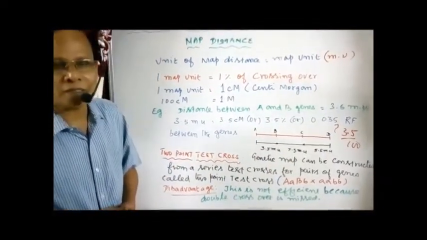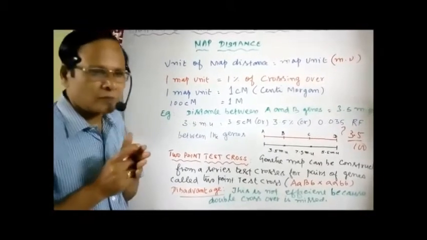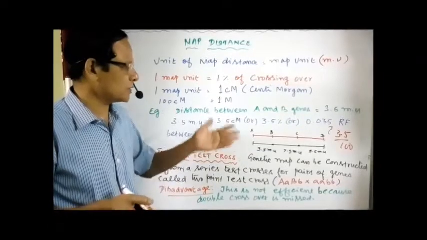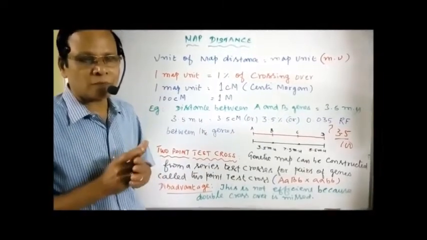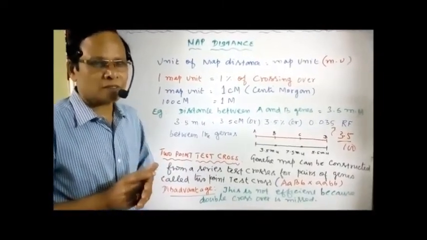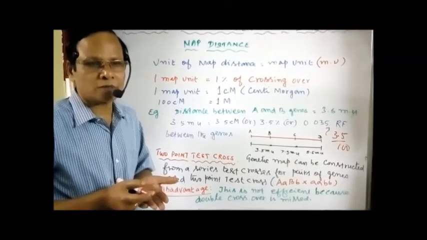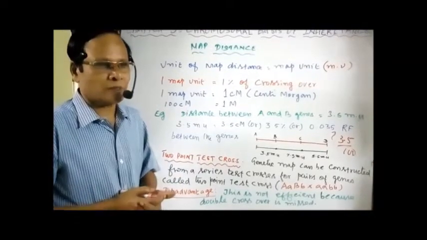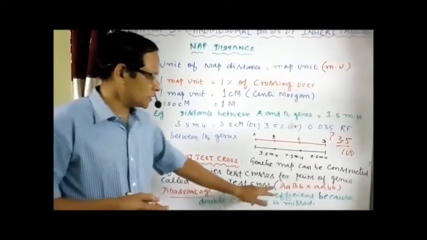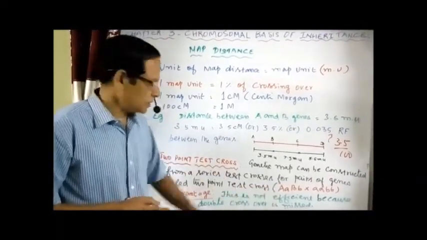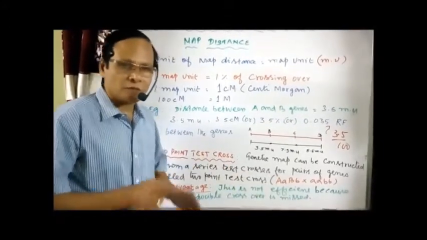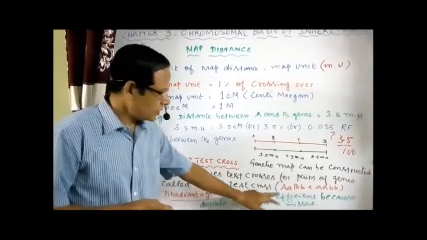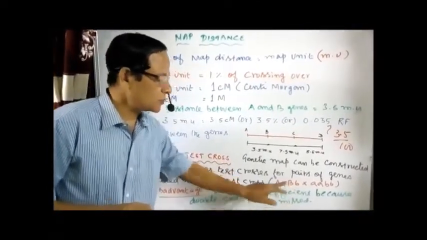Now how can we construct a genetic map, with the distance as well as the arrangement? A genetic map can be constructed based on the results of test crosses for pairs of genes. If you are taking just 2 alleles, this is called a heterozygote, a dihybrid, or a double recessive heterozygote.